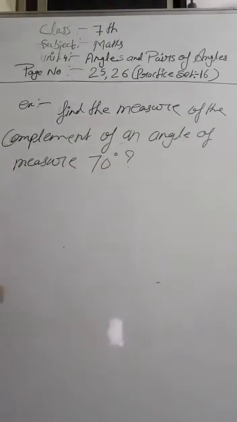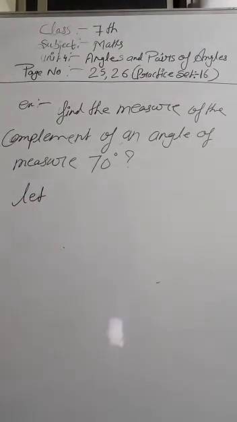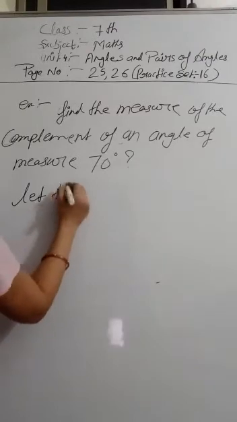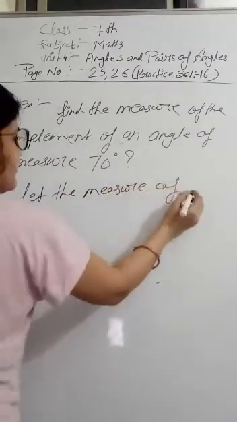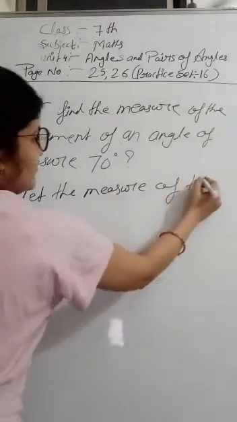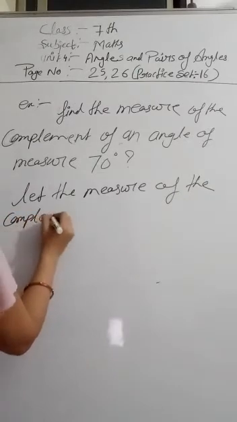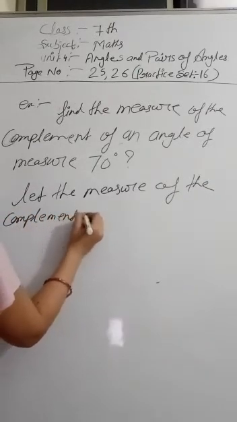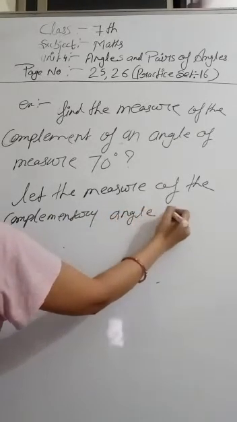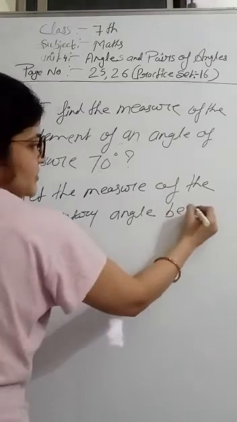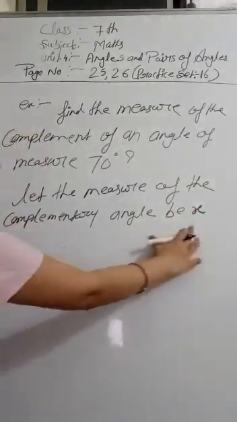So here we will write, let the measure of the complementary angle be x. So what have we assumed? x. The complementary angle is x.